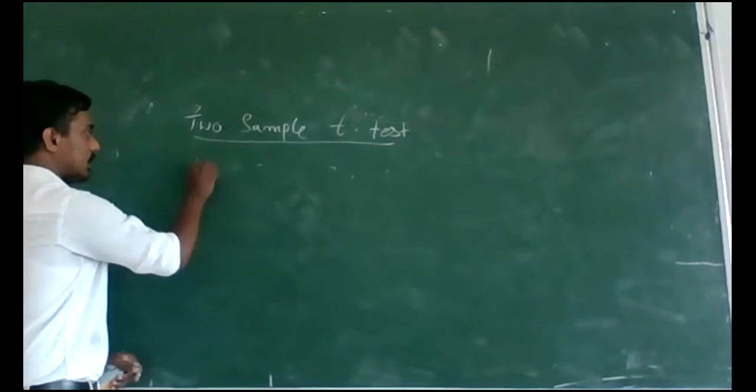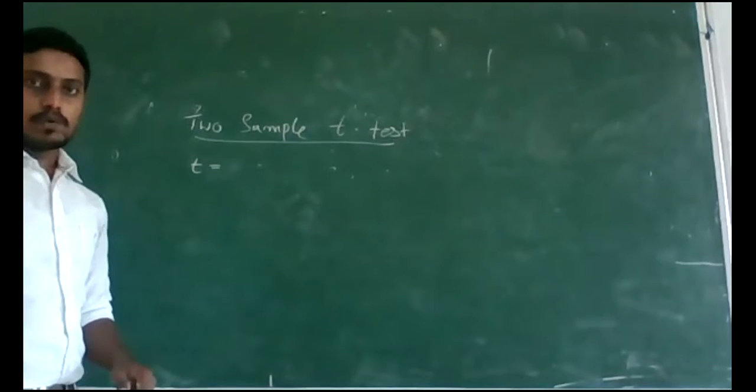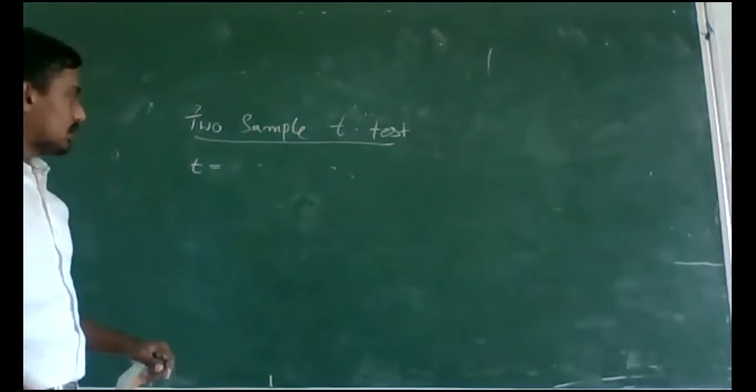What is the formula for the two sample independent t-test?